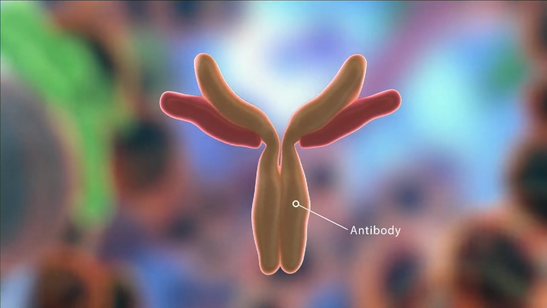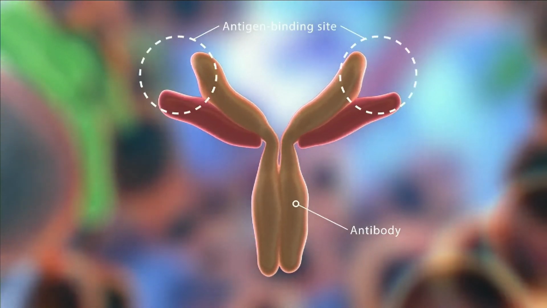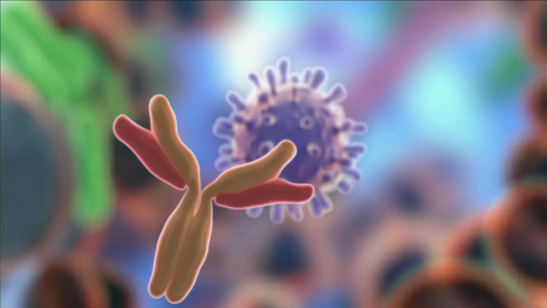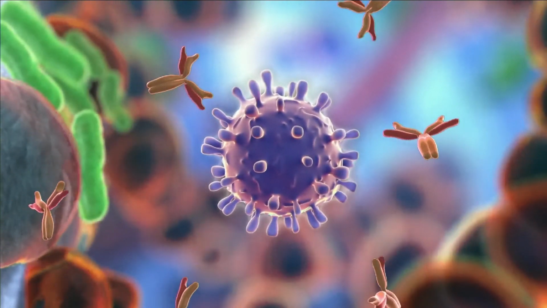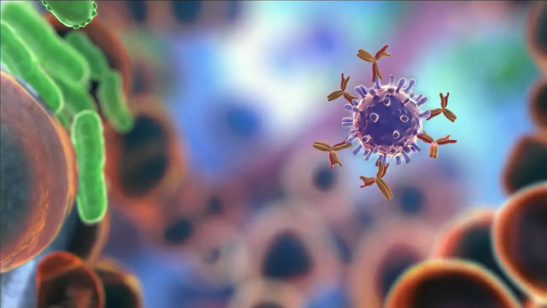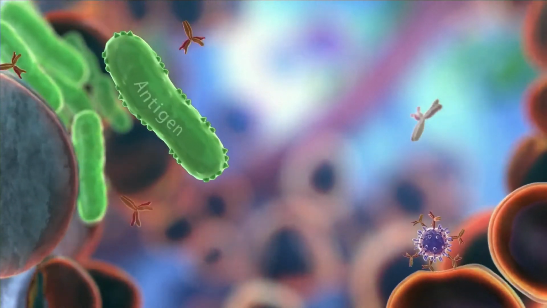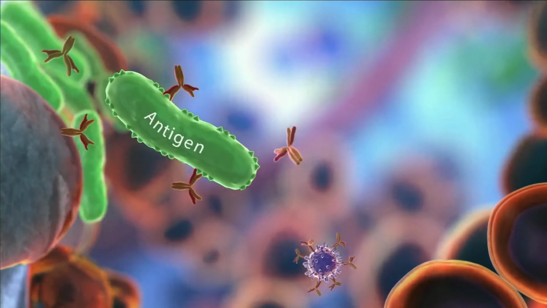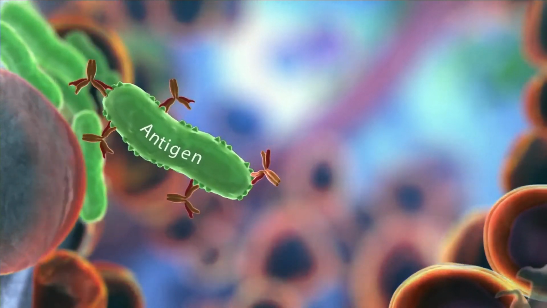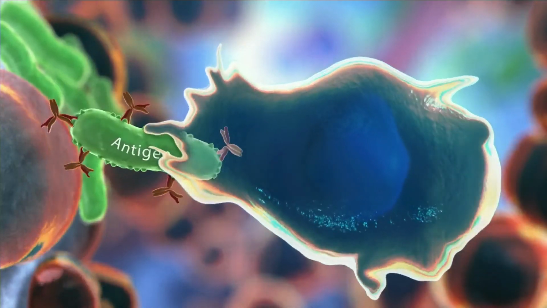Antibodies are Y-shaped structures with unique antigen-binding sites on the tips of two of the arms. This allows an antibody to perform different functions depending on the type of binding site it possesses. They may essentially prevent invaders from interacting with normal body cells, or mark foreign cells for destruction, and activate our defensive cells into specific action.